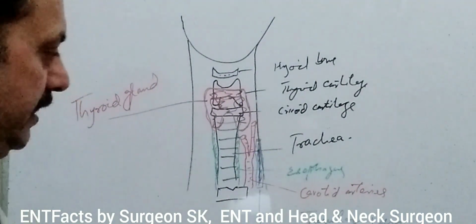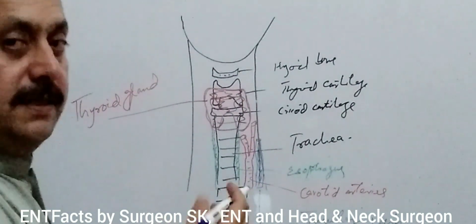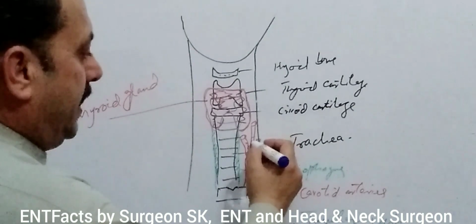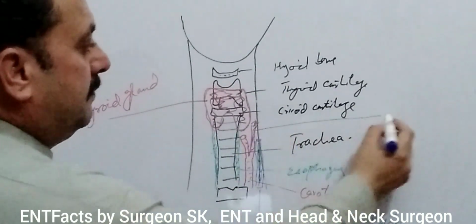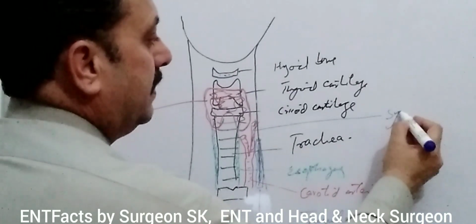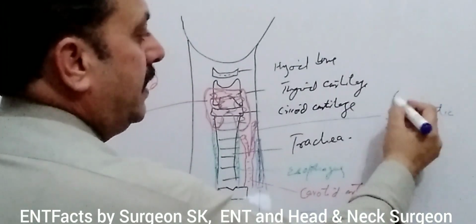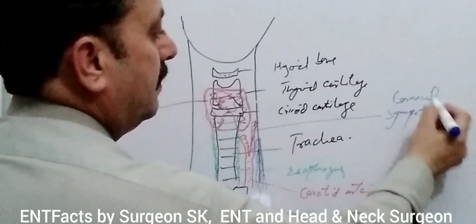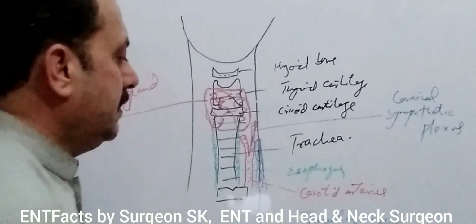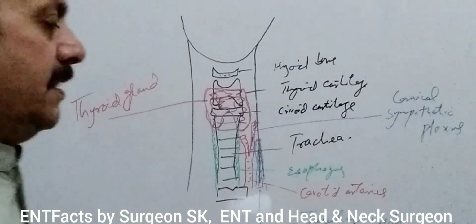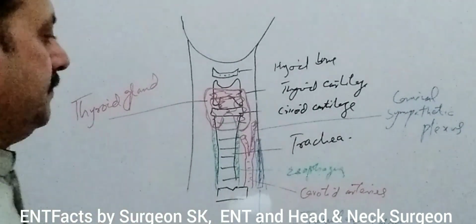But in addition to that, with each internal carotid, there is a sympathetic plexus, the cervical sympathetic plexus. This is an autonomic nervous plexus which is lying around the internal carotid artery.